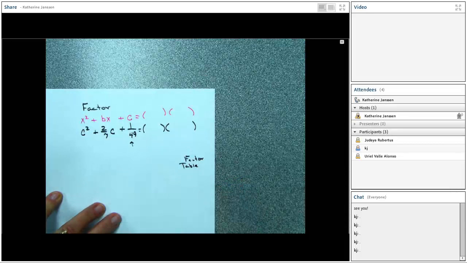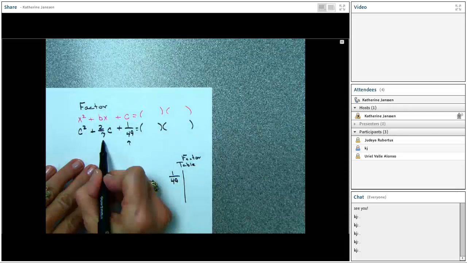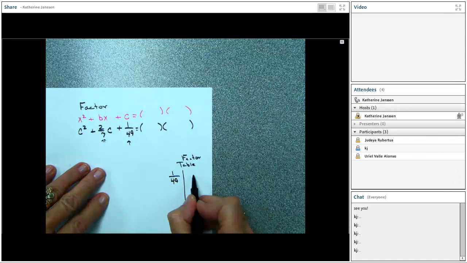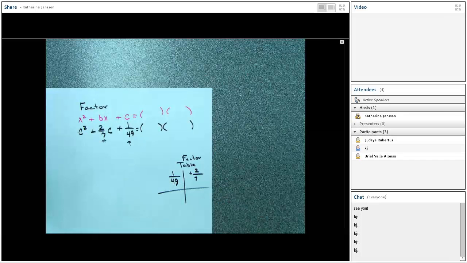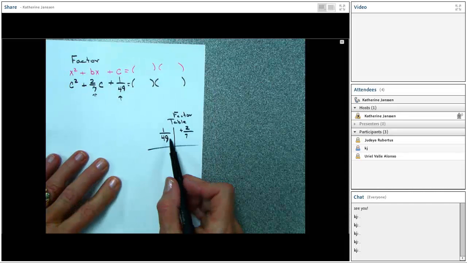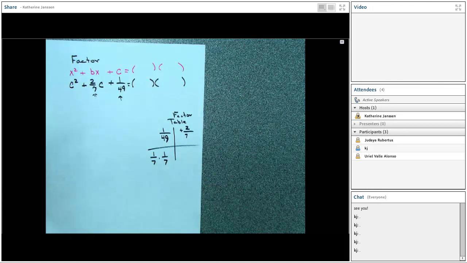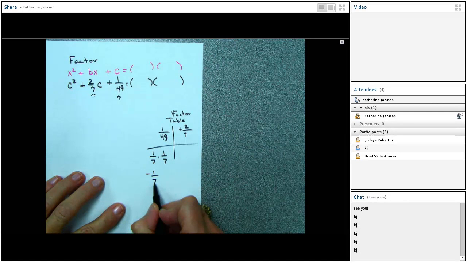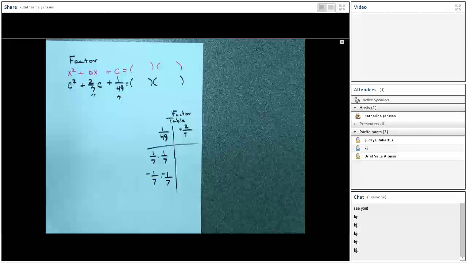We're looking for factor pairs of the constant, which is 1 over 49, whose sum is the coefficient of the middle term, which is a positive 2/7. Well, factor pairs of 1 over 49, I'm thinking 1 over 7 times 1 over 7, or a negative 1 over 7 times a negative 1 over 7. 7 times 7 is 49.